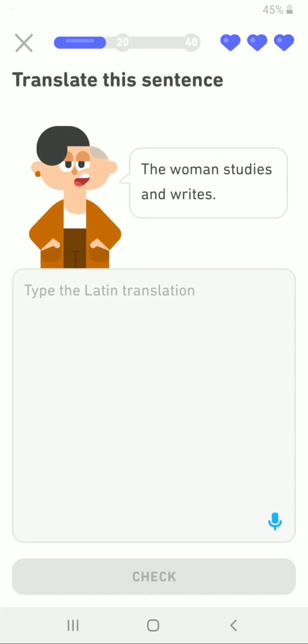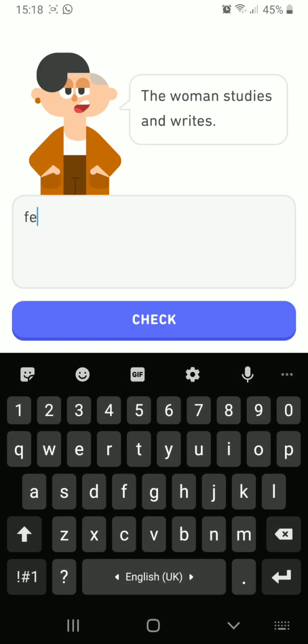And the woman studies and writes. So this time it's more difficult because we need to know two verbs. So femina, to study, I think it's studit.